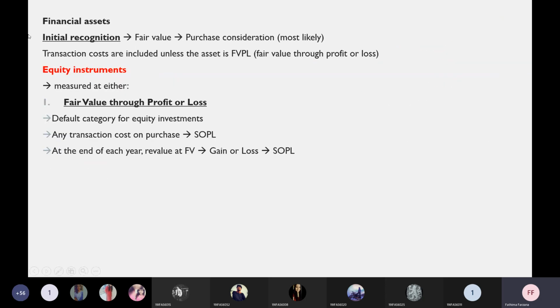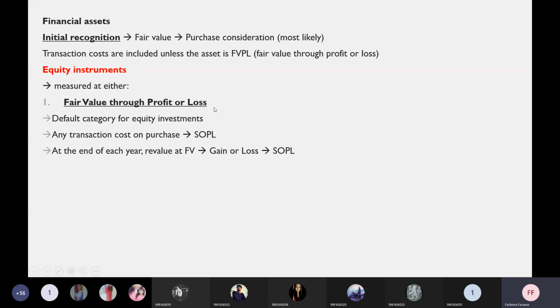So coming to this financial asset, initial recognition will be at fair value. Purchase consideration, most likely the purchase consideration, fair value. Then transaction costs are included unless the asset is FVPL. So when it is financial assets, we have two types of measures. We have three types actually. One is fair value through profit or loss.